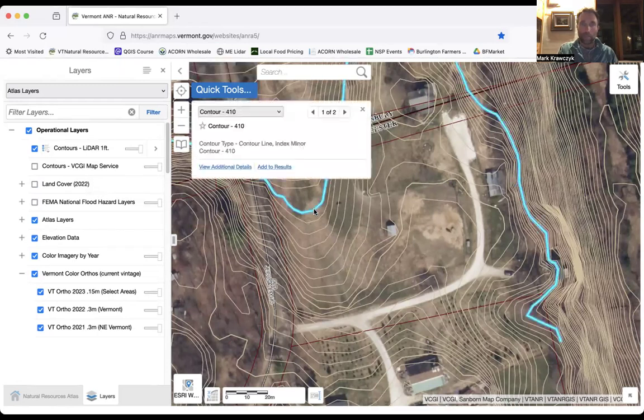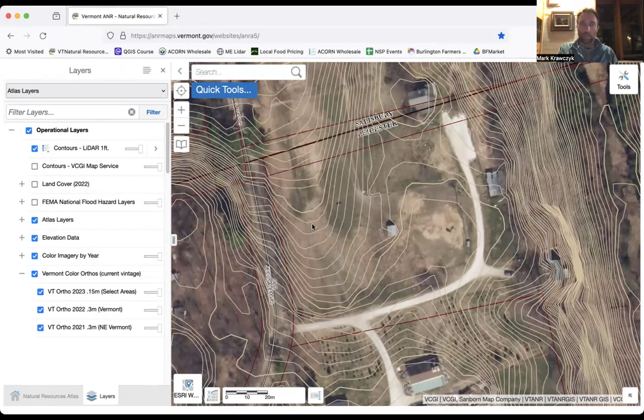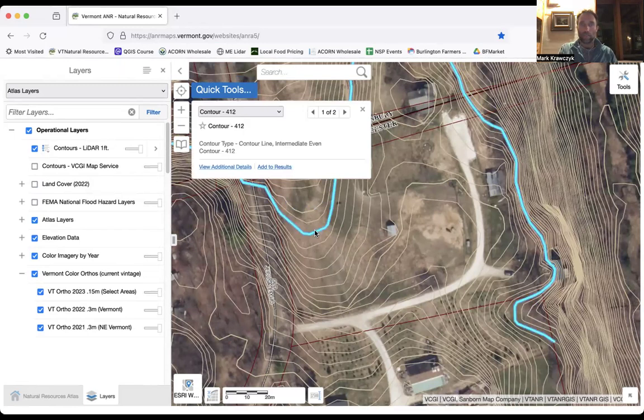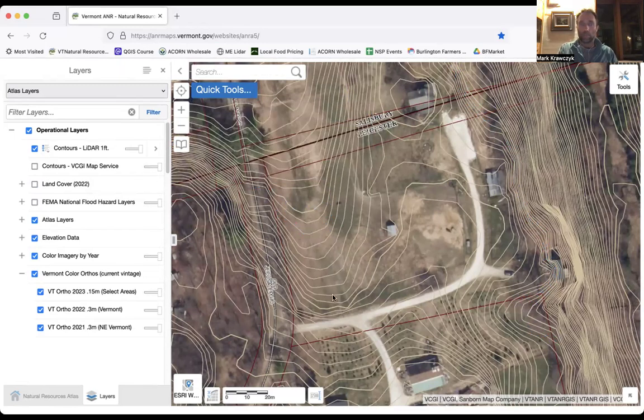If we click on an individual contour line, it's going to tell us what that elevation is. So that's the 410-foot contour. And just to make sure we're looking at it correctly, well, that's 412. So as suspected, this is a valley draining in this direction. And we've got a bit of a plateau or ridge happening right over in here.